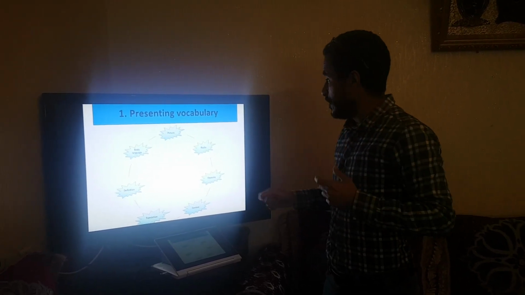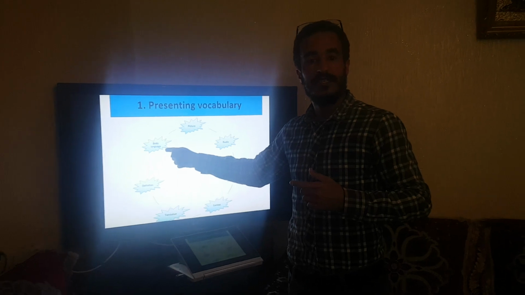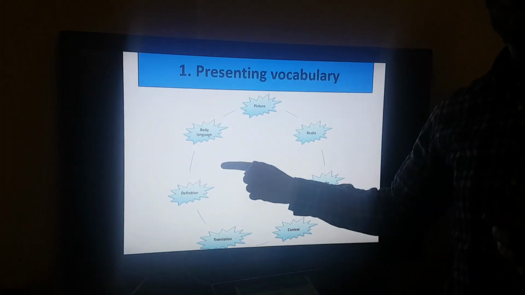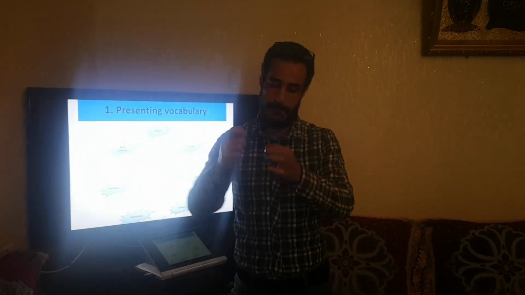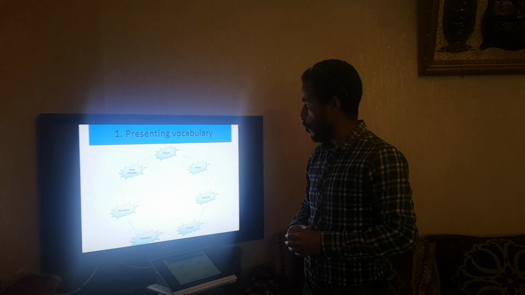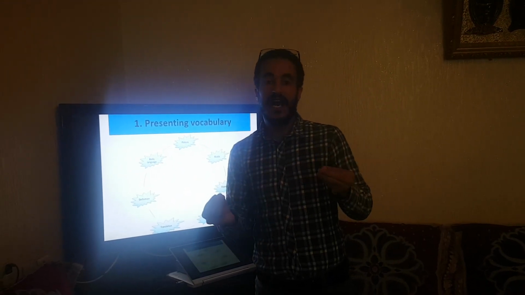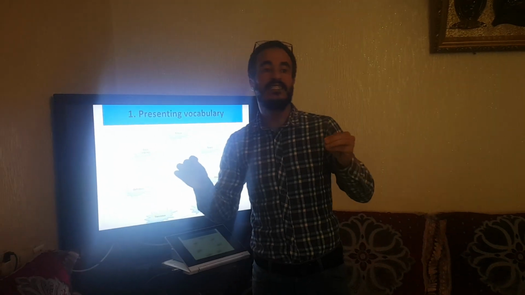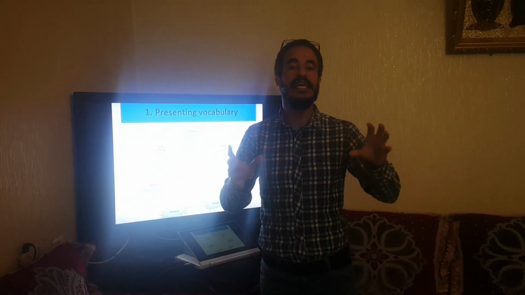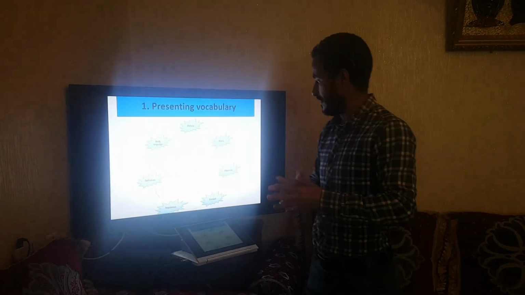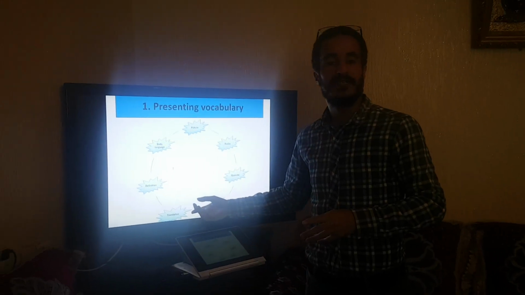Or you can use your body language. A banana, you can do like this, and you eat it, okay. Body language. Or you can give a definition. A banana is a type of fruit. Its color is yellow. Definition. Or you can translate.